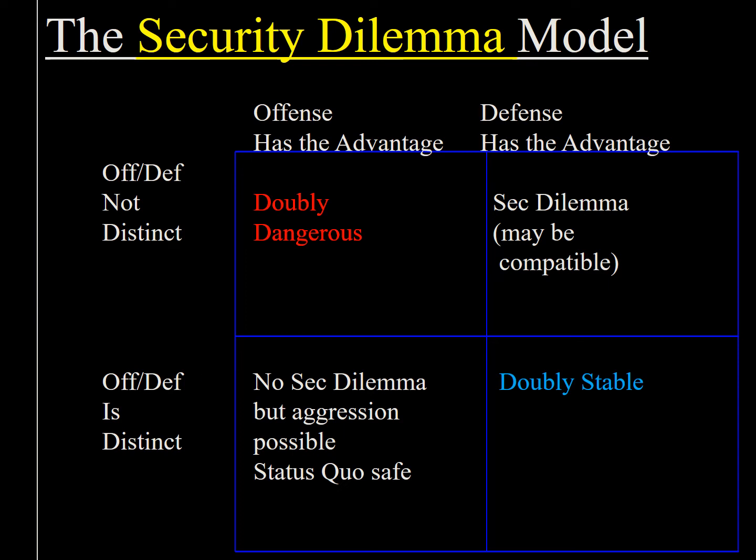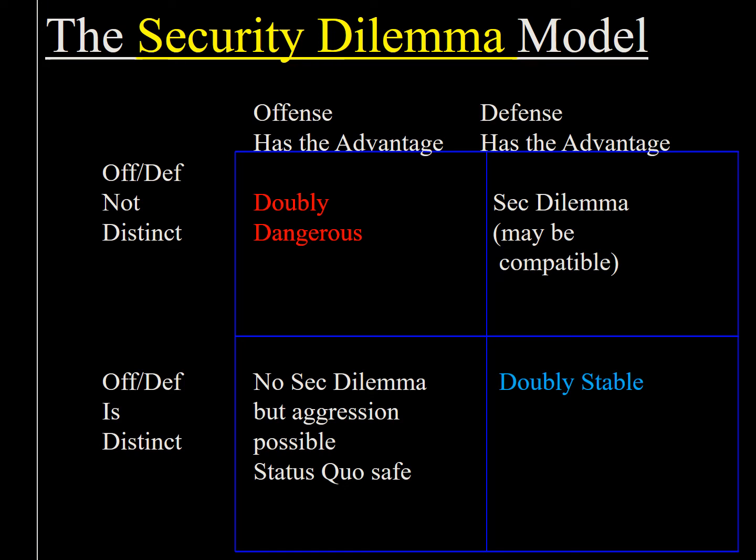And in the bottom row, we have a row where the offense and defense is distinguishable. So Robert Jervis, using the security dilemma, concluded that if you have an environment where offense has the advantage, and you can't distinguish between offensive and defensive technology, so you're not sure when a country's buying weapons if they're revisionist or status quo, then you have a very dangerous environment.